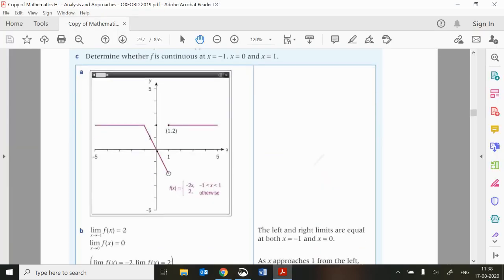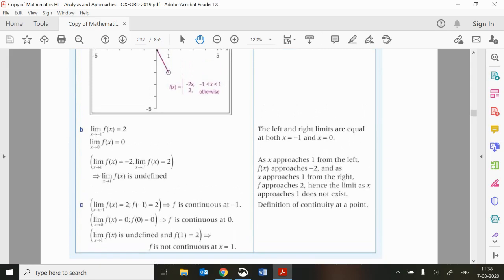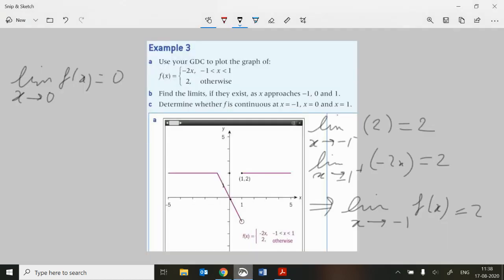Let's see if they've gone any further for that. And yeah, actually they haven't even gone from the left-hand side and the right-hand side for the first part of part B, so they haven't even done that. So that's fine. They've just written that here. Personally, I would have stated this because that gives us our definition of there being a limit which exists.